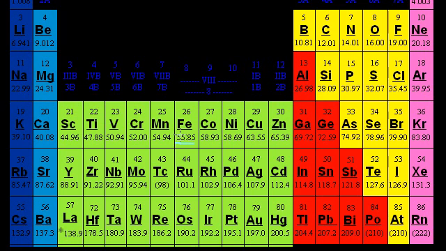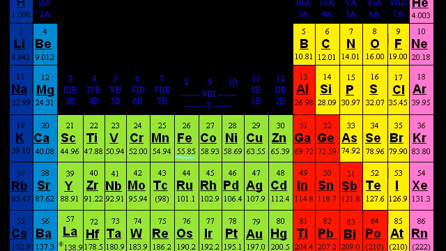I think it's fair enough to round to 56. Let's say we're dealing with the isotope of iron that has 30 neutrons, so it has a mass number of 56. So iron has an atomic mass number of 56, and oxygen we already know is 16.